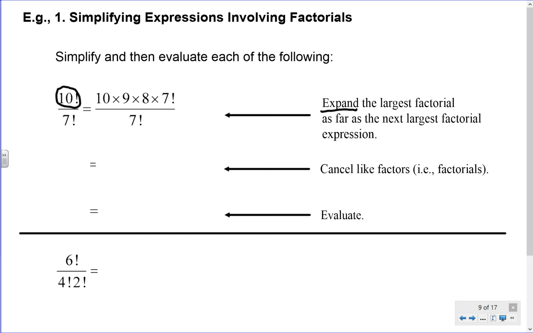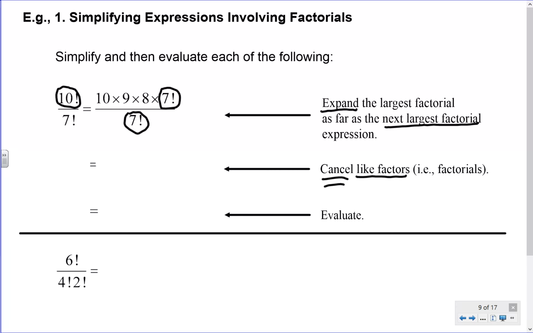So 10 multiplied by 9, by 8, and then by 7 factorial. Now I've chosen to stop at 7 factorial, as it is the next largest one that we have in the expression. And the great thing about that, as far as simplifying is concerned, is that I actually happen to have like factors. In this case, like factorials. So that means we can cancel them.